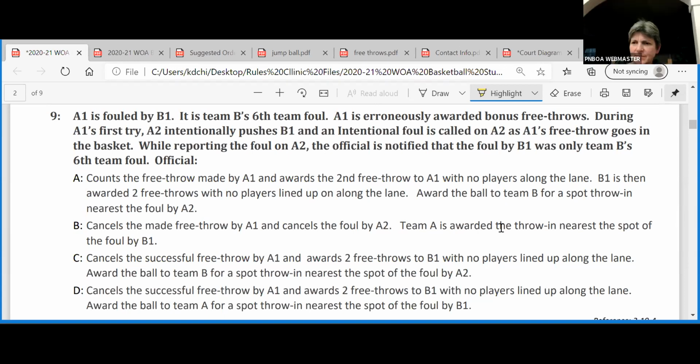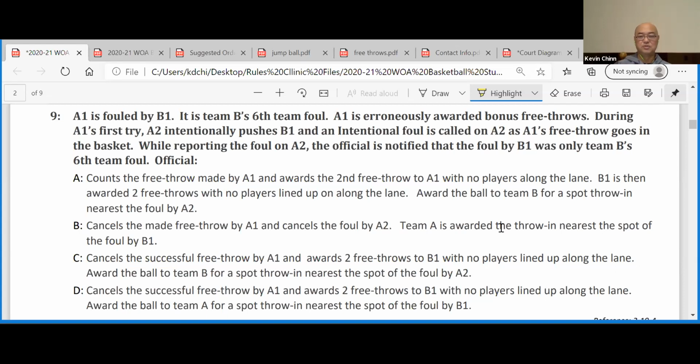Okay. So let's discuss this question because there's a lot going on here. The correct answer is C. Number one, let's get that straight. It is C. So first things first, we have B's 6th team foul. It's a common foul.